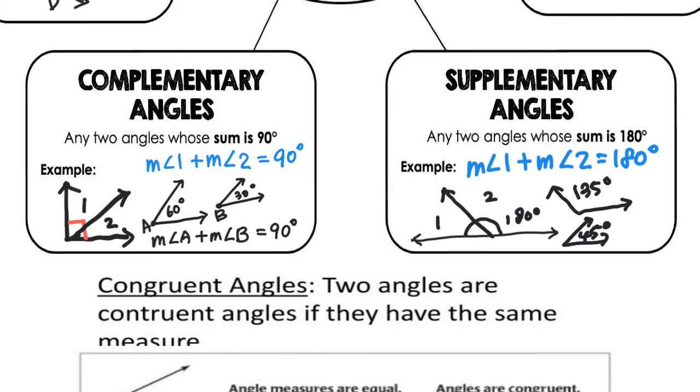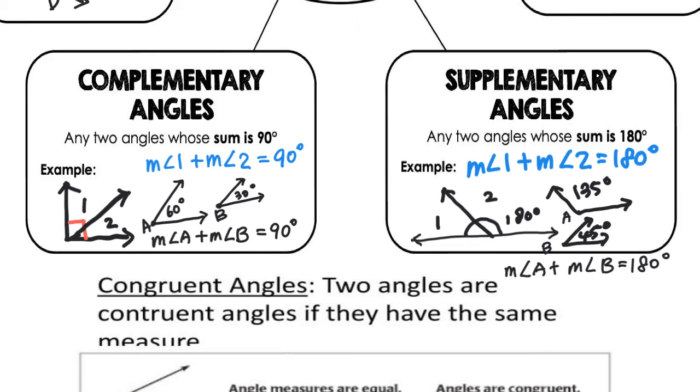So when we have 135 plus 45, those two combine to 180, right? So let's say that's angle A, angle B. I'm kind of running out of space, so let me write in here. Measure of angle A plus measure of angle B equals 180 degrees. And of course, they are supplementary angles.